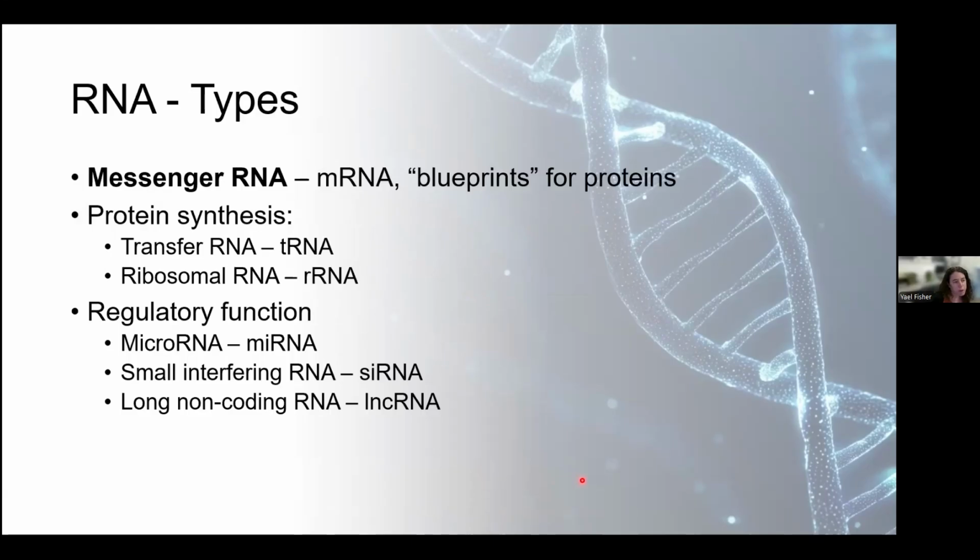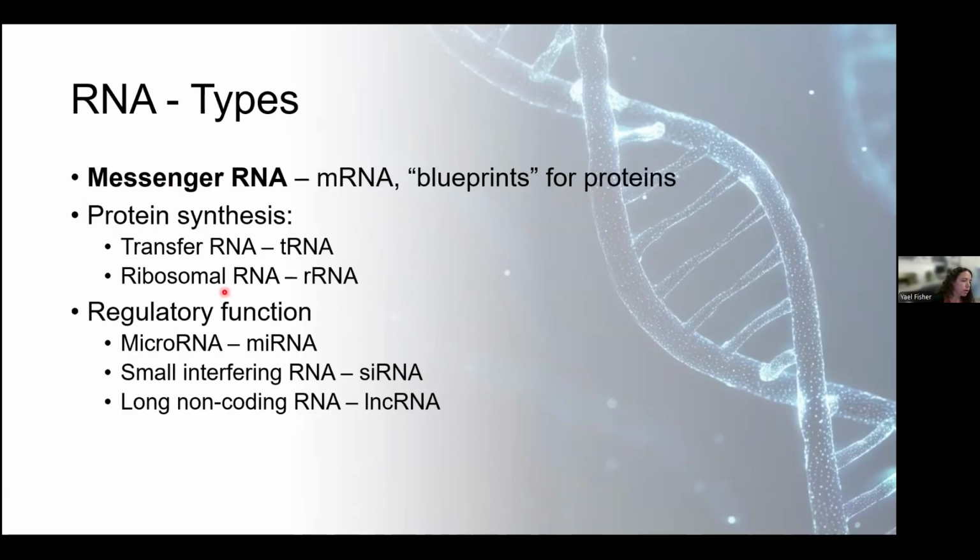There are different types of RNA. We're going to focus on the messenger RNA or the mRNA that serves as blueprints for translation into proteins. But there are other types of RNA that are very prominent in the human cells.